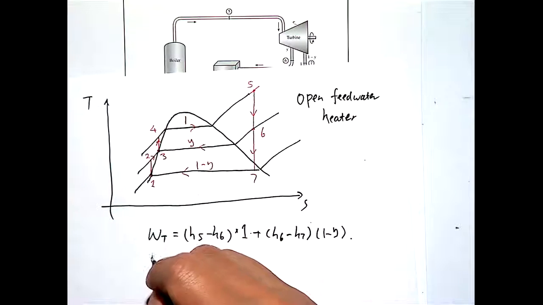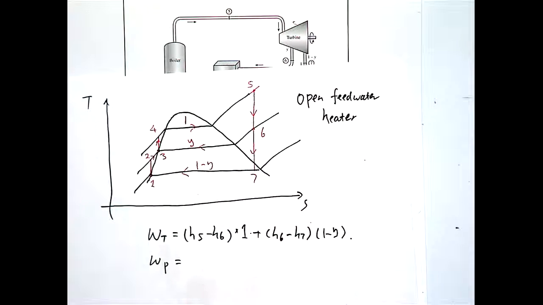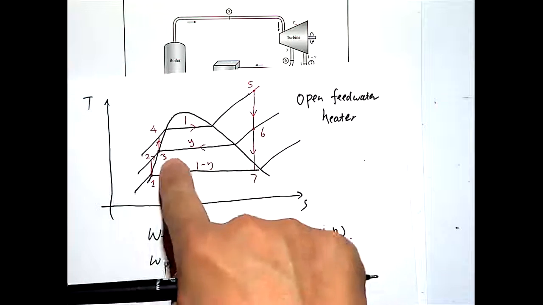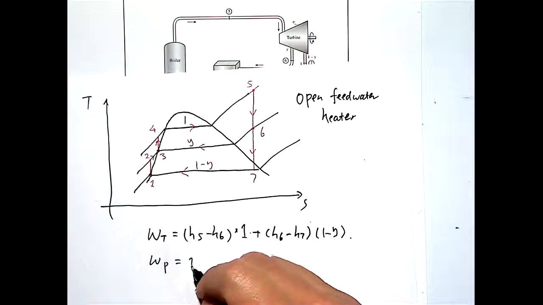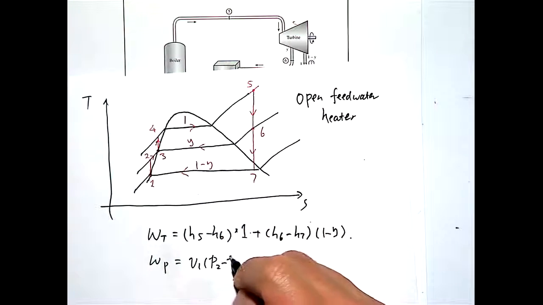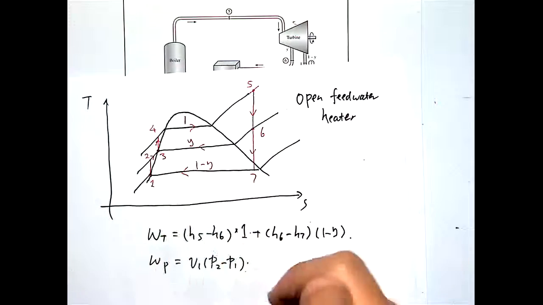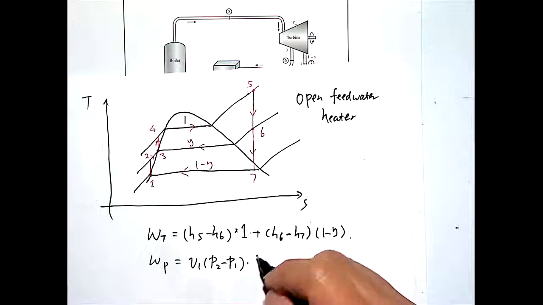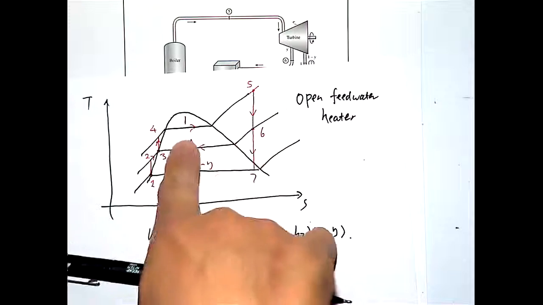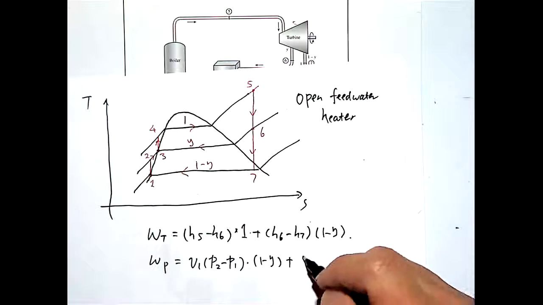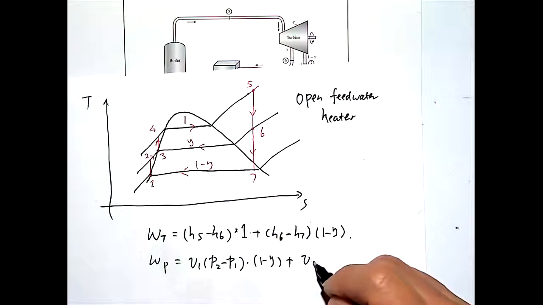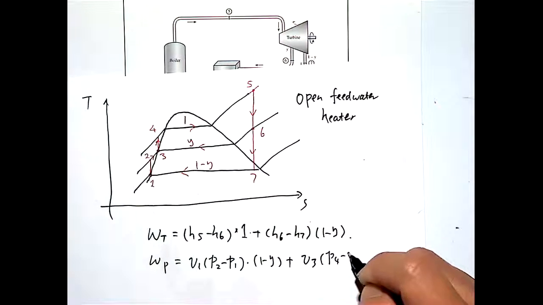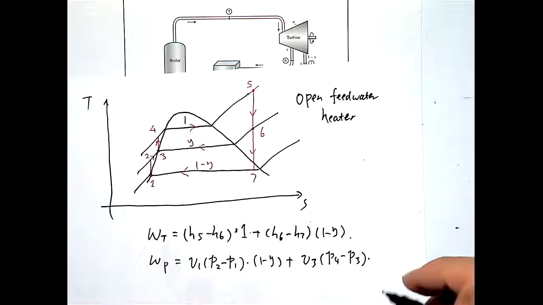And then for the pumping work, V1 times (P2 minus P1), the coefficient I should multiply is 1 minus y, right? And the one for the second pump, which is V3 times (P4 minus P3), that should be 1.